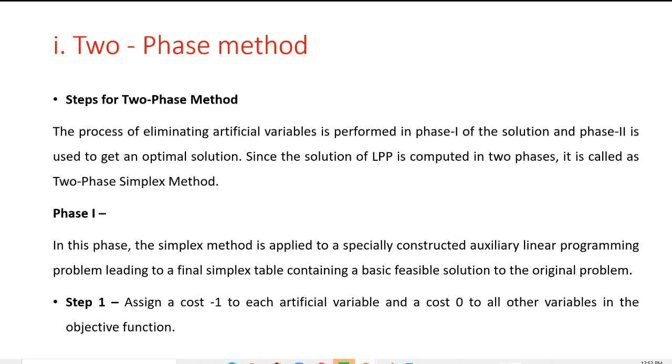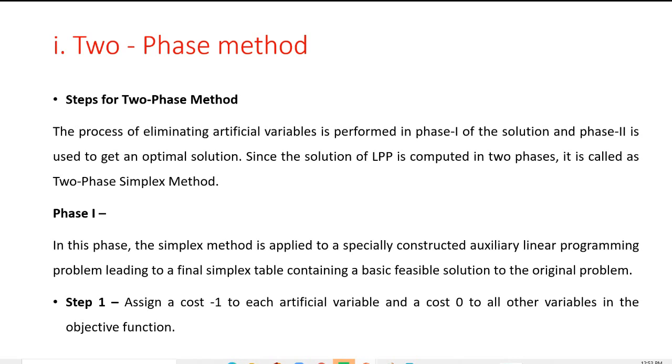But if the equation is in the form of greater than or equal to, then we add artificial variables. If you are using artificial variables in the given equation, this type of problem we can solve by using the two-phase method. So first we check phase 1.